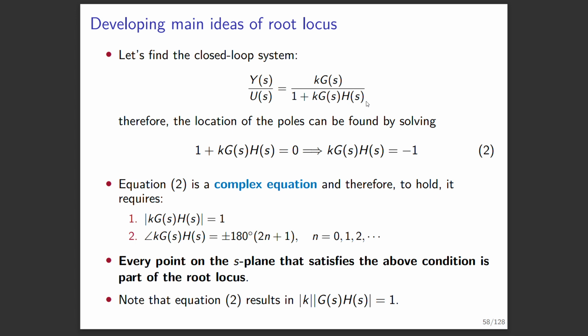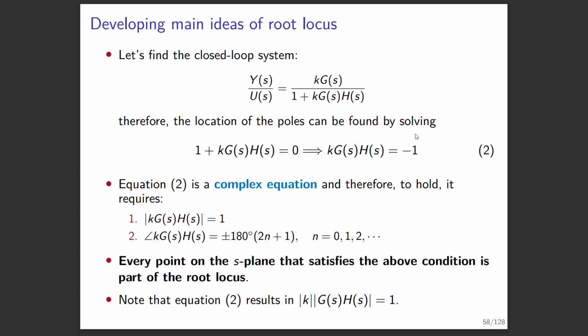But if X is a complex number, 1 plus a complex number being 0 gives me more information. X equals negative 1 means that X is a vector with magnitude of 1 and angle of 180 degrees. If you don't remember that, you should go look up what complex numbers were.